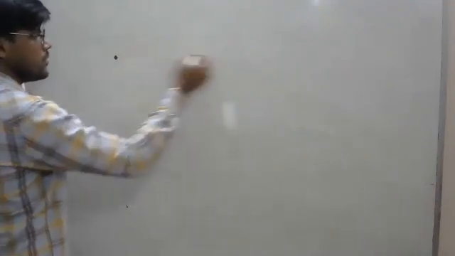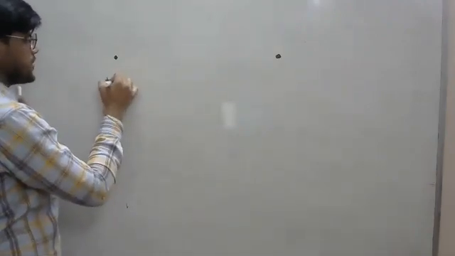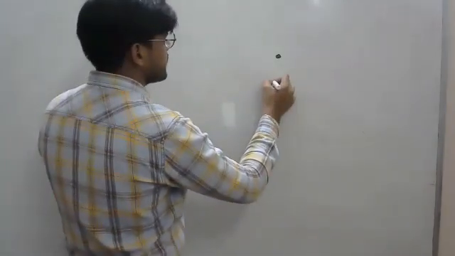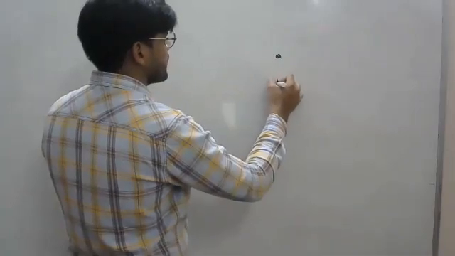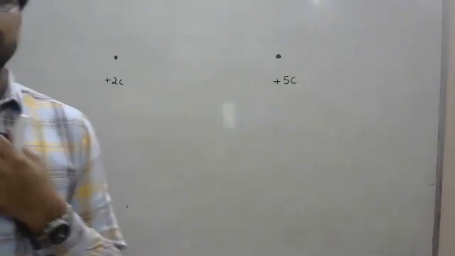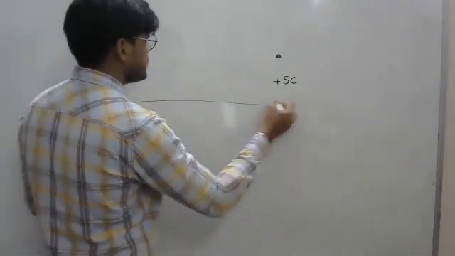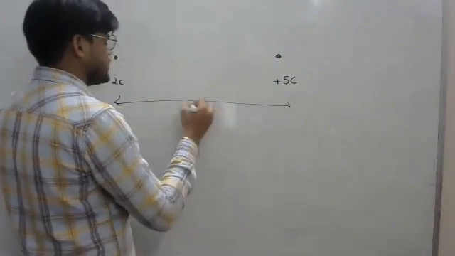Okay. Now we will be starting with a new type of question. Suppose you have two charges. This is plus 2 coulomb and this is plus 5 coulomb. Plus 2 coulomb, plus 5 coulomb. And they are at a distance of 5 meters.